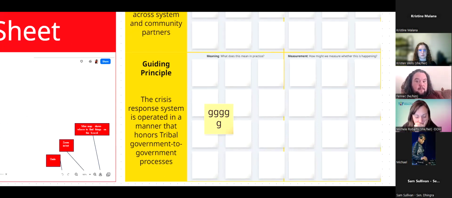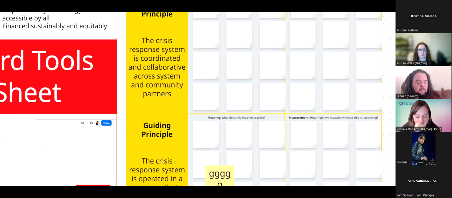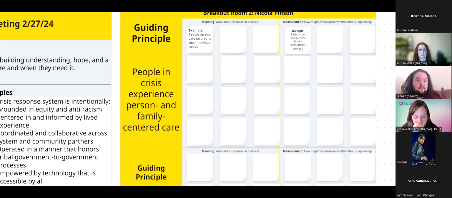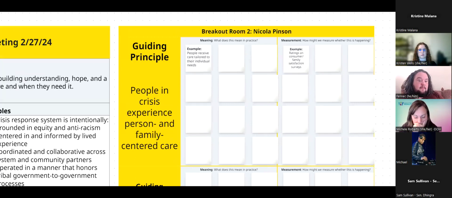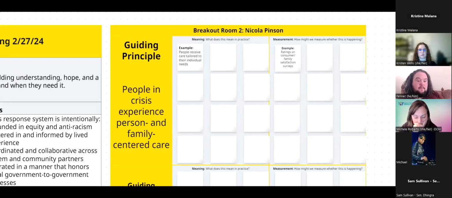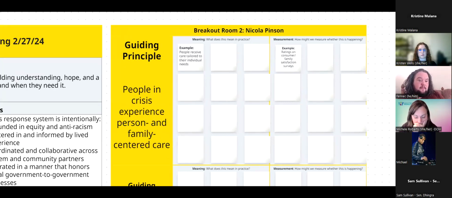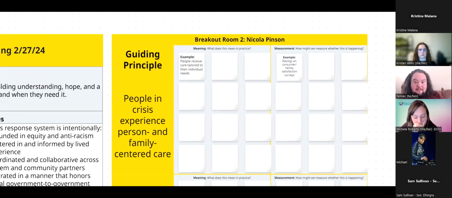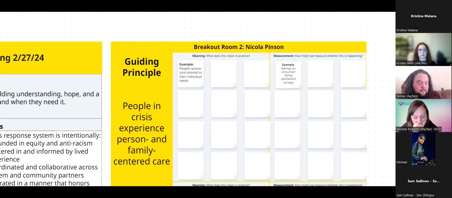So I think we will start just here at the top with our guiding principle around people in crisis experience person and family-centered care. And I'm going to try to move this down so that nothing's blocking the view.